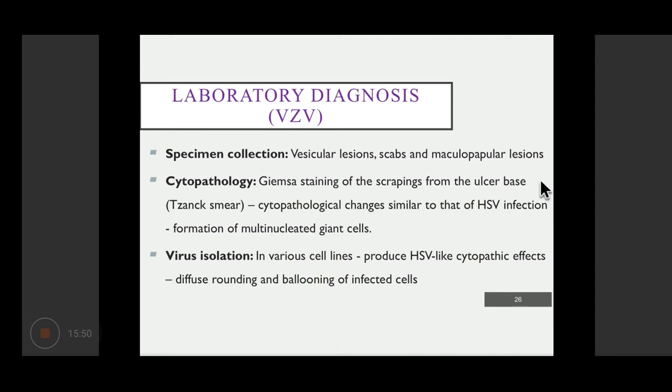This is known as Tzanck smear. So you basically scrape the vesicle or the ulcer and take the exudate, spread on a slide and stain with Giemsa stain. You are likely to see multinucleated giant cells, which are also seen in other HSV infections. The virus can be isolated in various cell lines, in which it can produce HSV-like cytopathic effects.